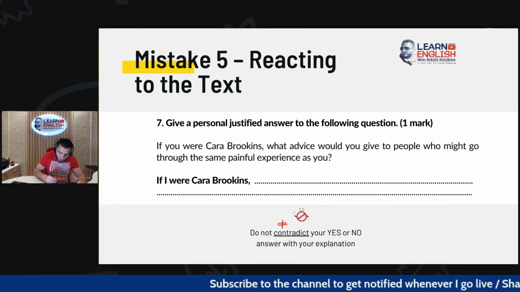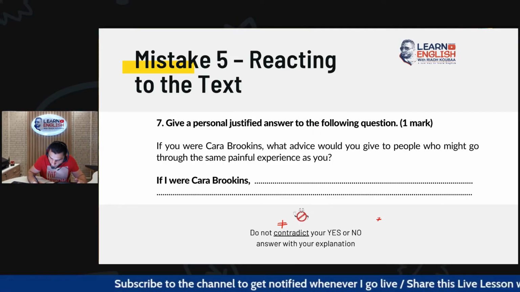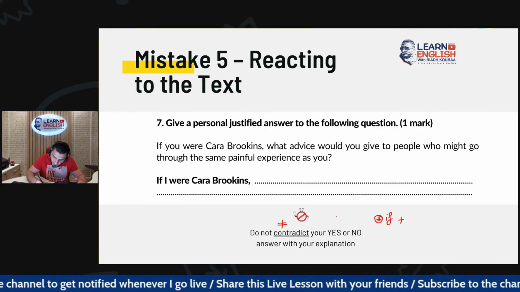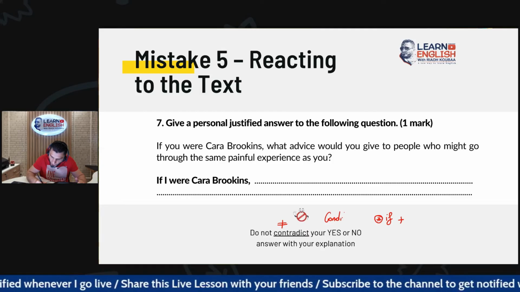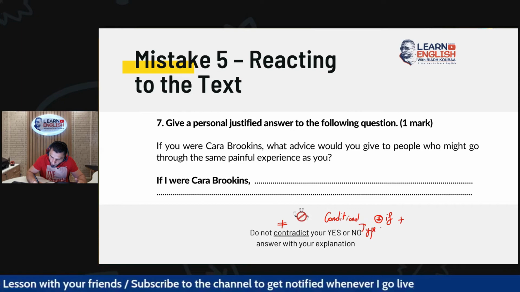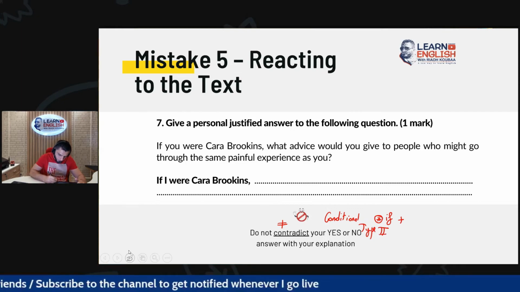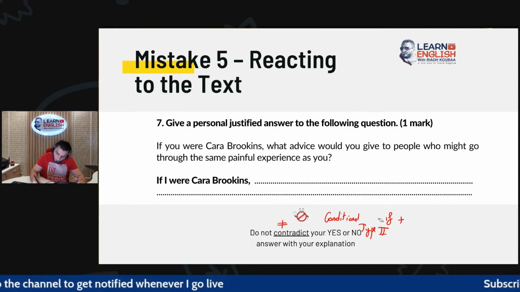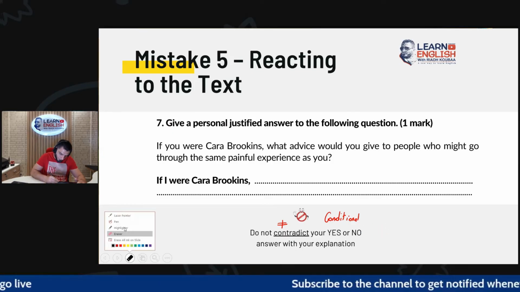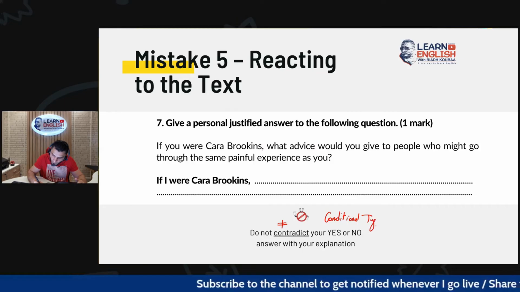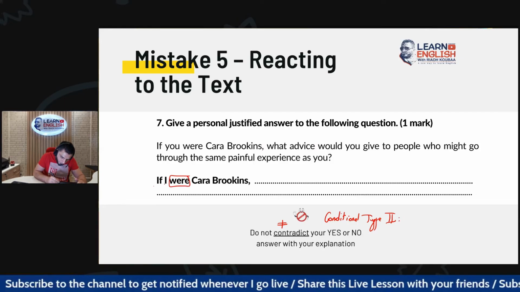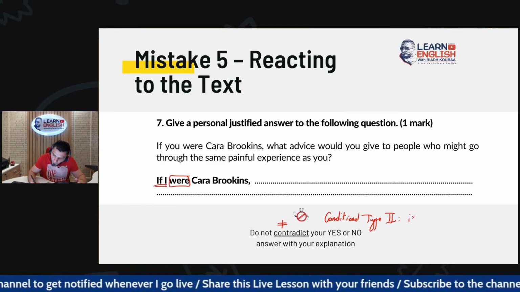But before answering this question, I would like to highlight a very important grammatical point, which is if plus. This is the conditional type 2. What do I have here? I have if plus past.